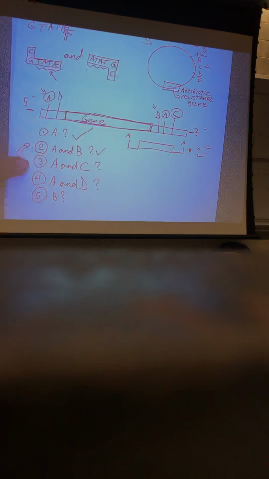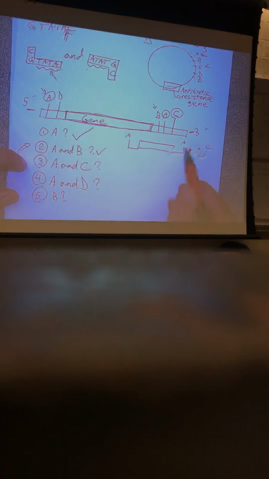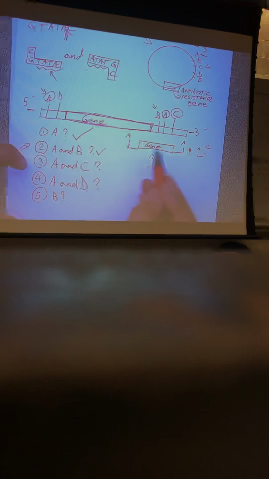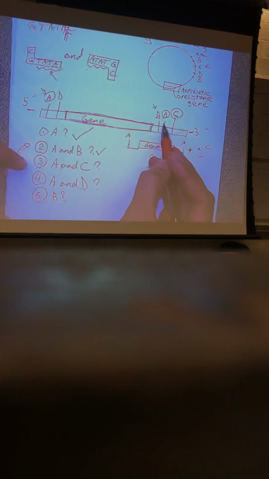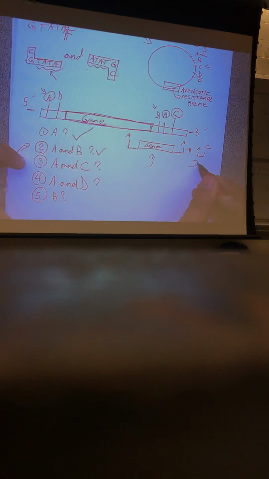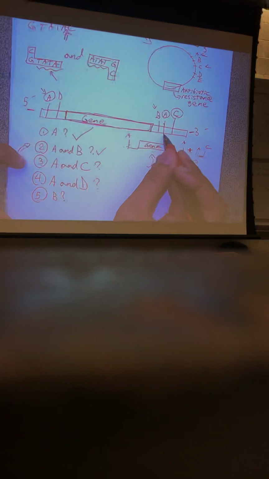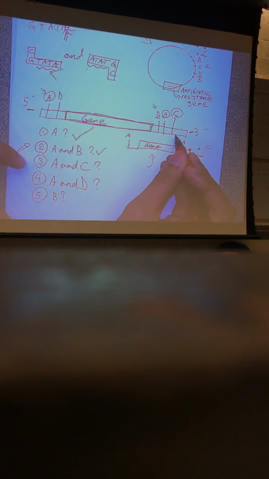Okay, I'm going to contrast this with number 2 again in a second so you see the difference between number 2 and number 3. But in number 3, when we use restriction enzyme C here, because it's further away from the gene, the fragment you will actually make is a fragment of the gene with an A end on the left and an A end on the right, because this A end right here is a little closer to the gene. You will also create this useless fragment here representing the space between A and C on the right.